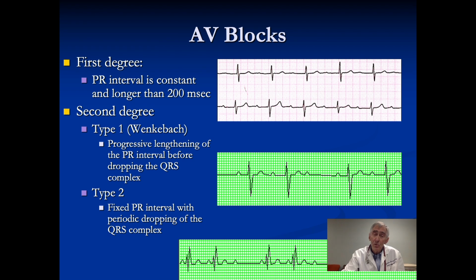Now type 2 is different. Type 2, or Mobitz type 2, which we referred to years ago, is a fixed PR in which the PR interval is the same, and then you drop the beat, and the PR post-drop is the same as the one pre-drop.